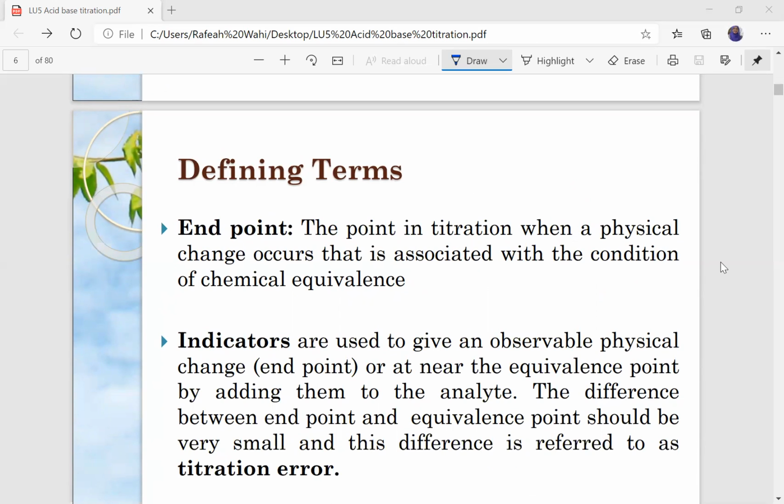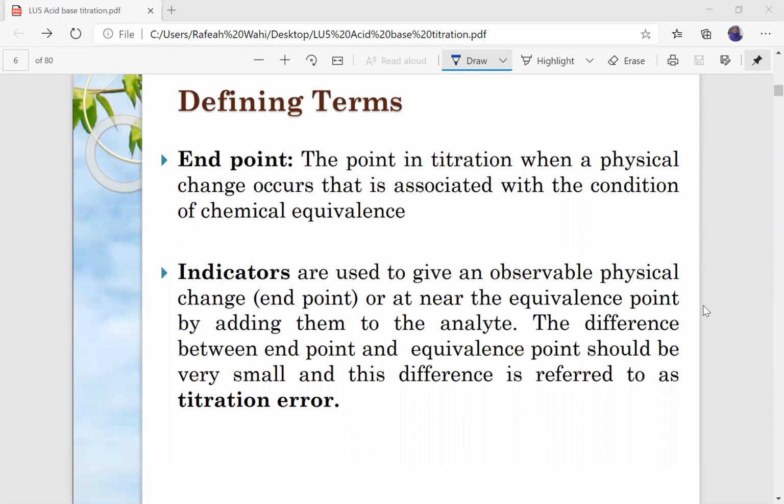Sorry, not to the titrant, but to the analyte, at the end of the titration process where chemical equivalence is perceived to be reached.